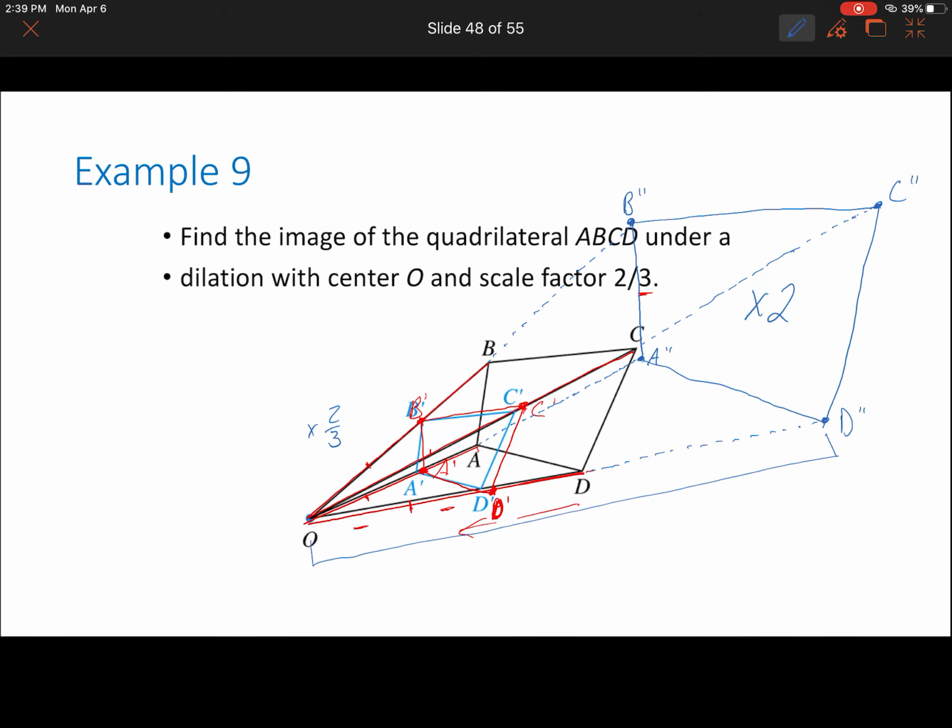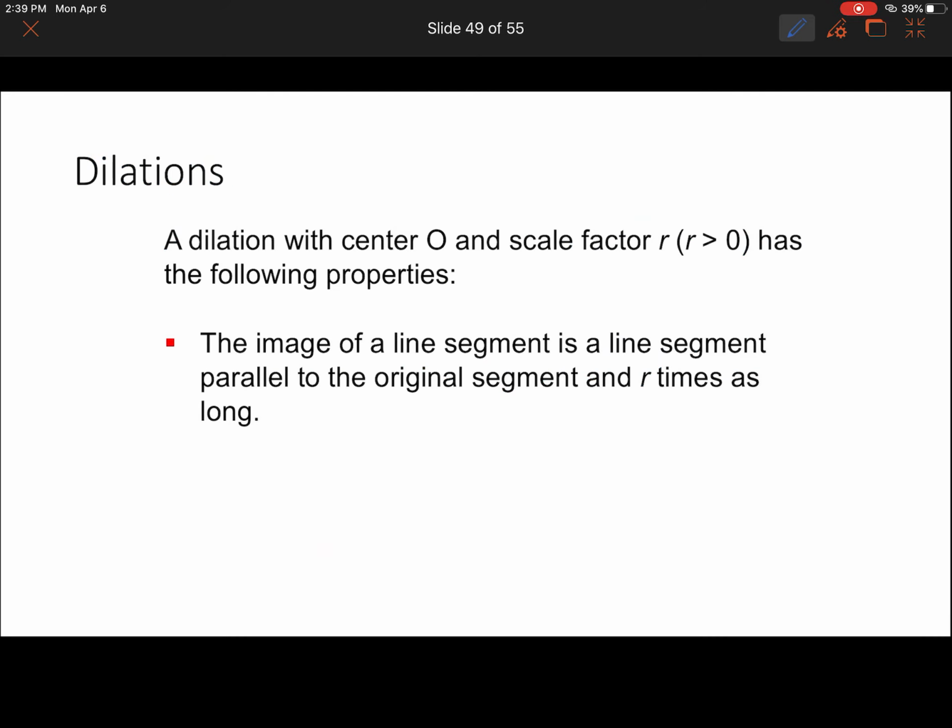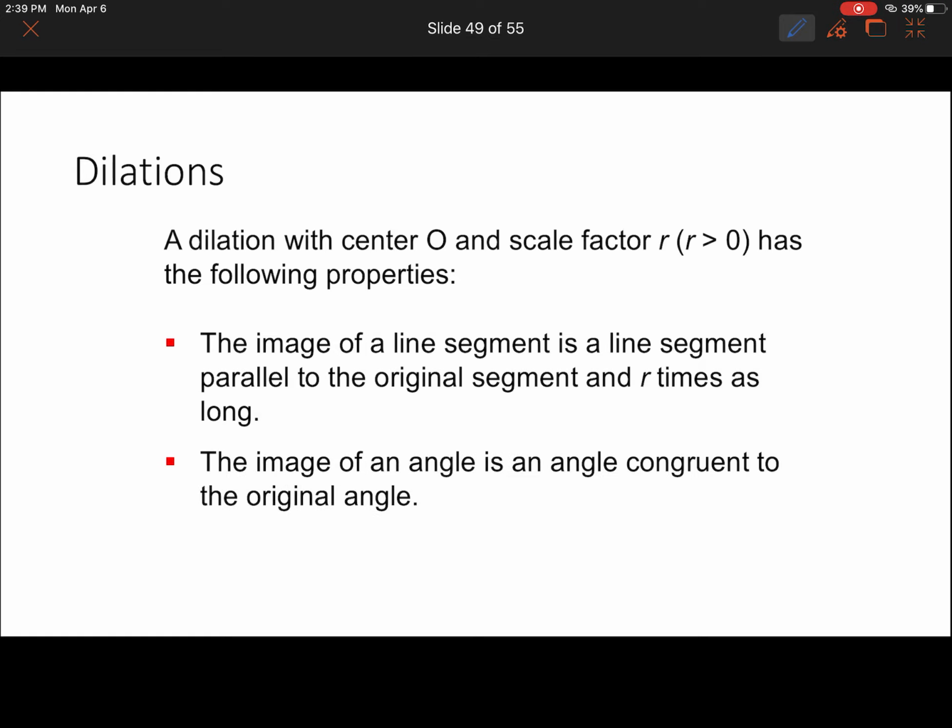So a scale factor of 2. And if you were to pull that whole segment out, it would be parallel to DO, this original here, right? And so that's what this is referring to. The line segment would be parallel to the original and R times as long.